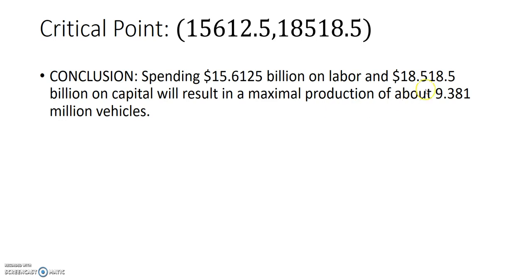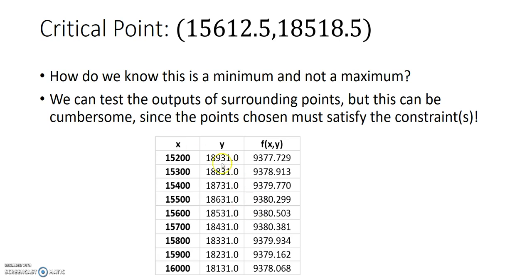In any case, this is just slightly higher, which convinces me that if I pick neighboring points, I actually get lower production outputs rather than higher ones. If I saw higher numbers here than the production output at this critical point, then I would know that I haven't found a maximum, and I would proceed with caution.